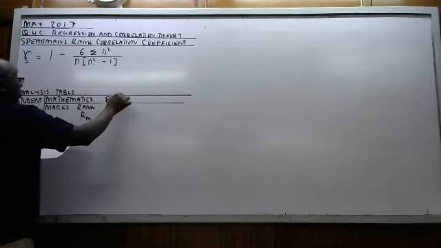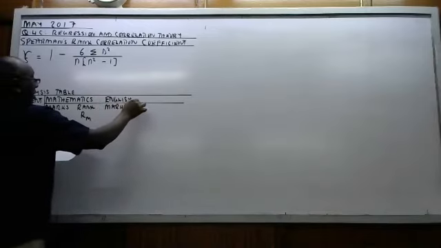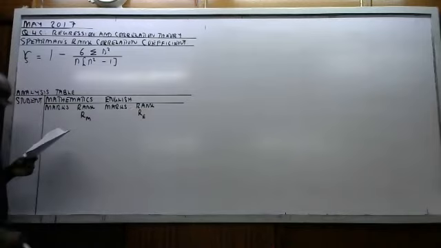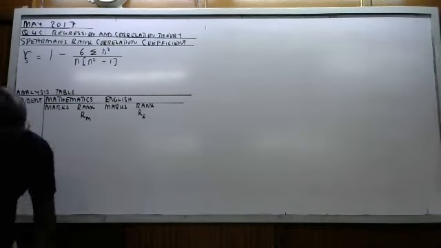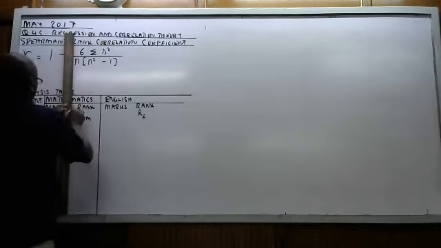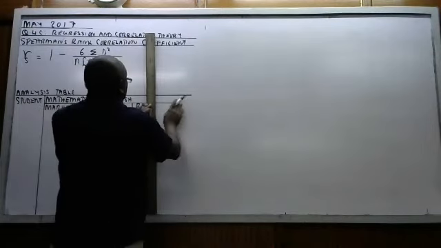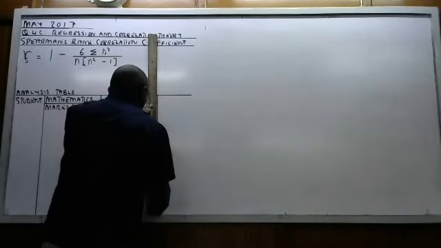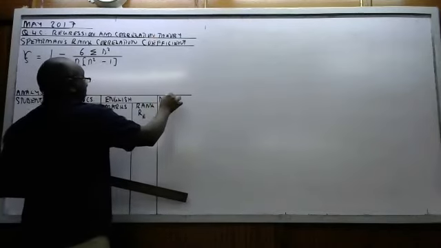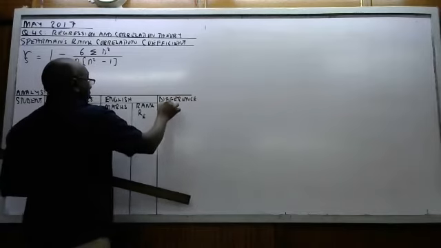Then English, we have marks, then the rank, that is rank E. Then we have difference squared.